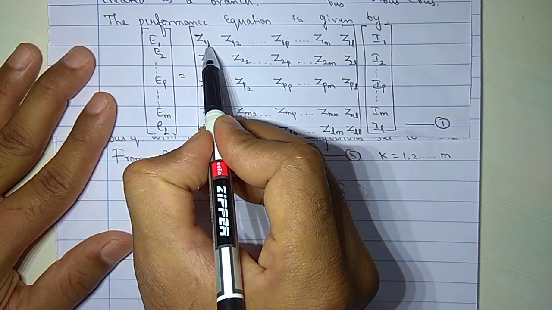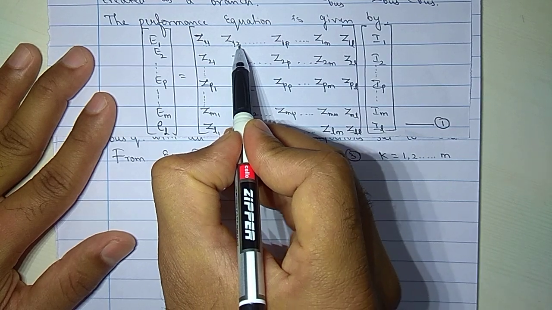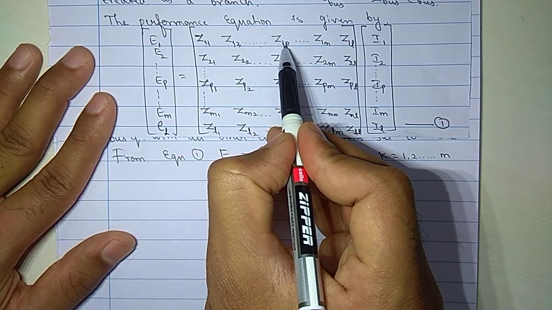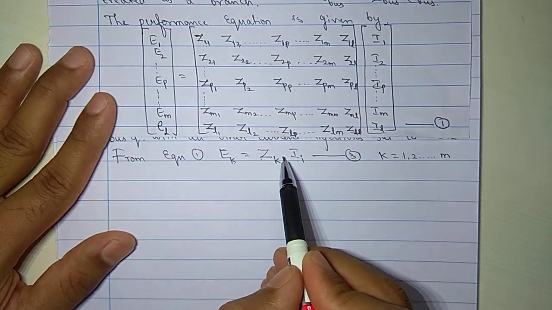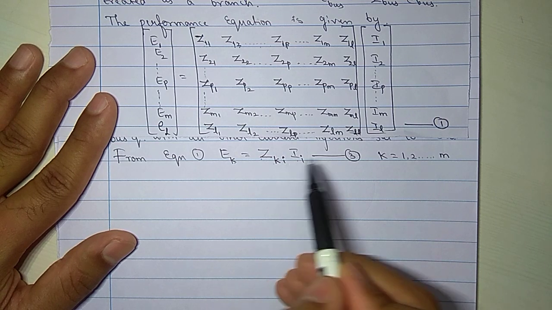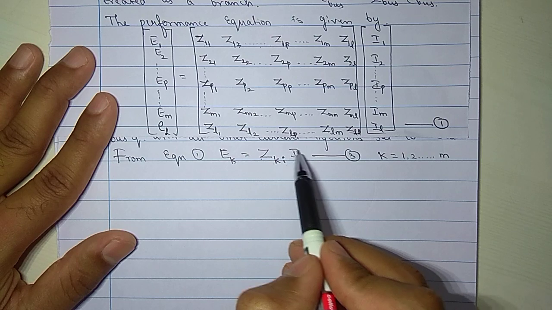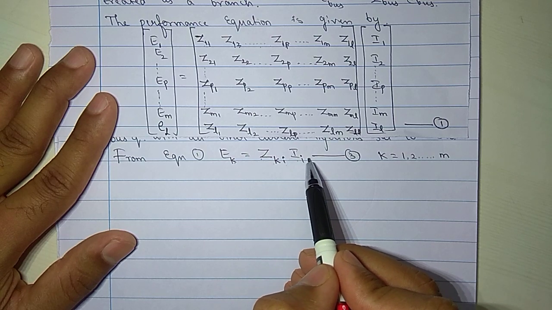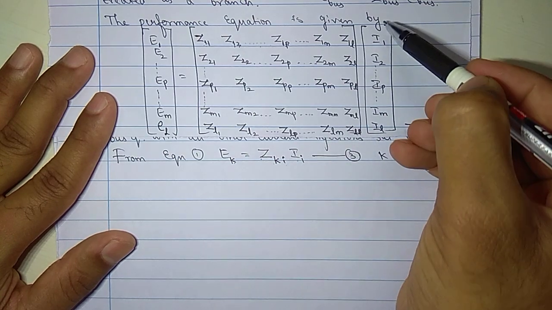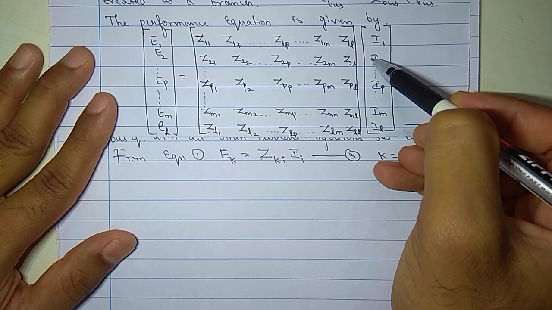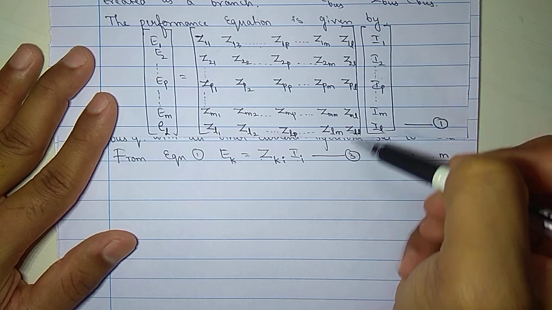But the second element is varying, it is 1, 2, 3, 4, P. So in general I am writing it as i, because i is varying. Ii means here I1, I2, I3 up to so on.